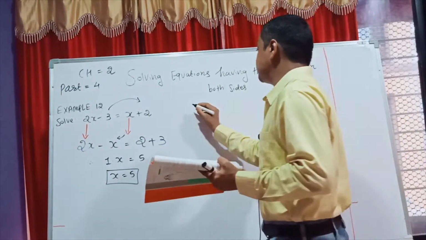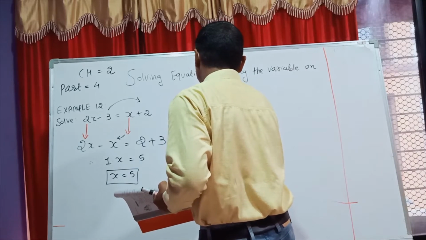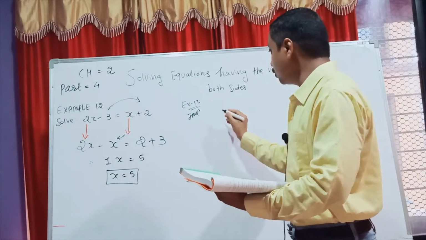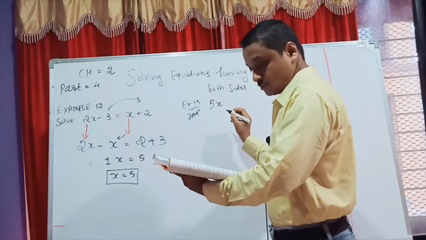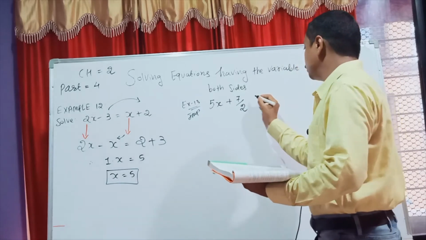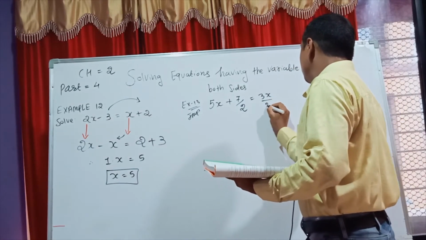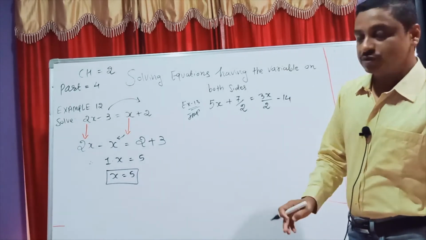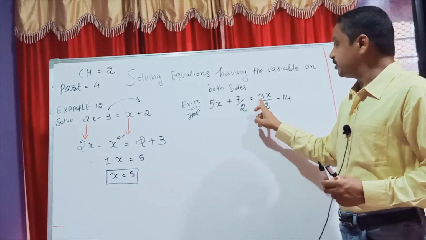Now continue. Example number 13. Students, example 13 is an important sum, for exam oriented. 5x plus 7 by 2 is equal to 3x by 2 minus 14. Here also see, students, there are two variables, 5x and 3x.